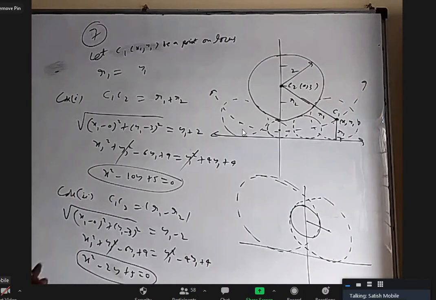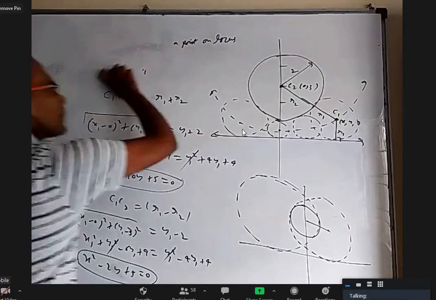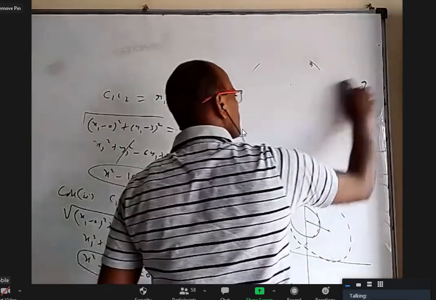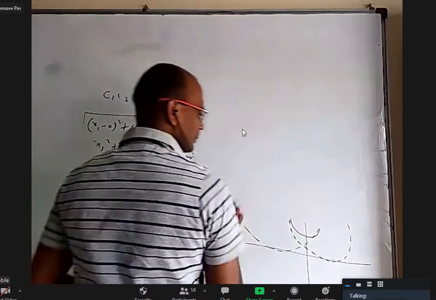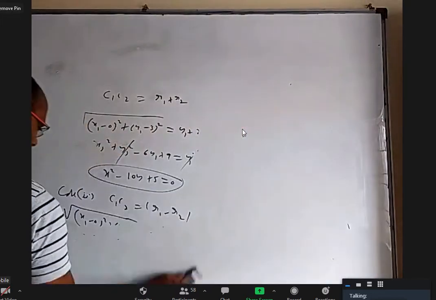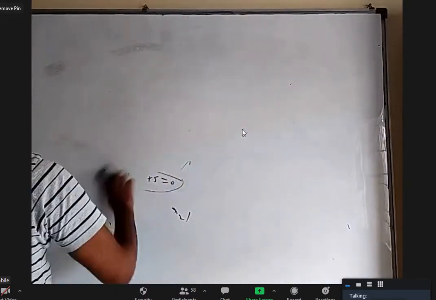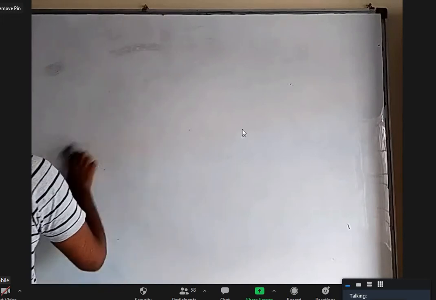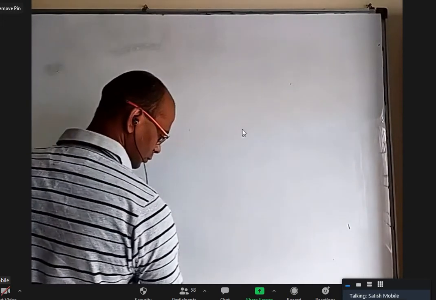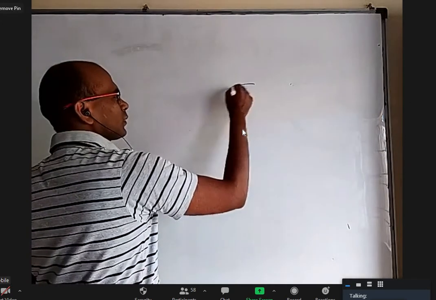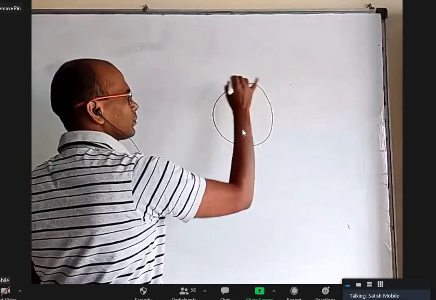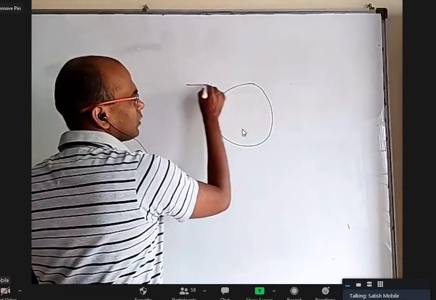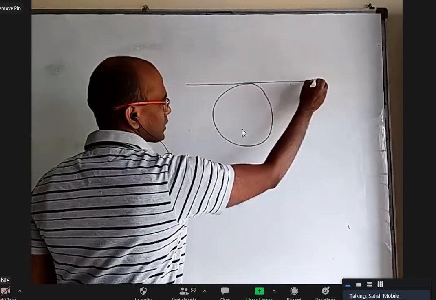Okay, I'm erasing this whole thing. Take a circle. I want to construct one equilateral triangle like this.